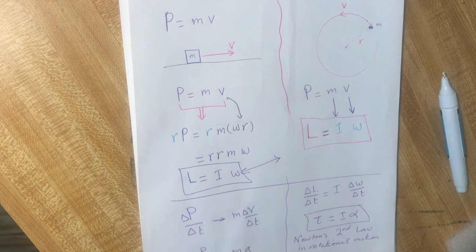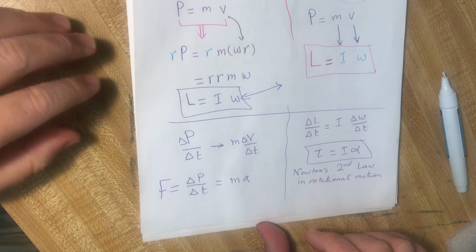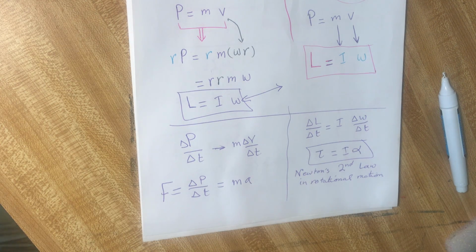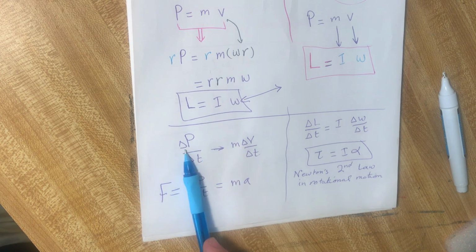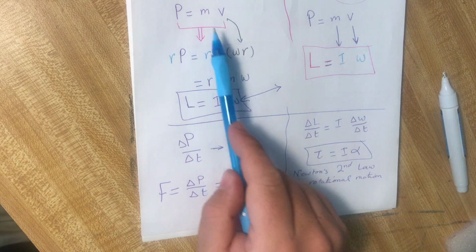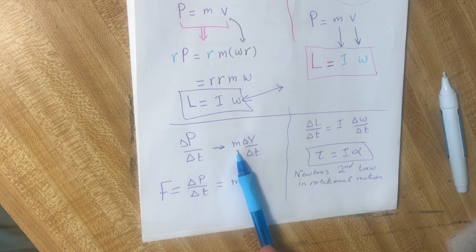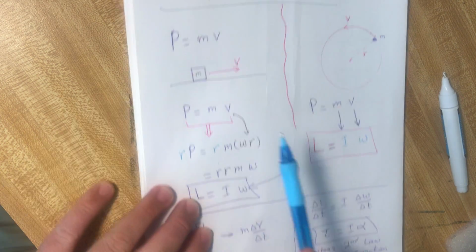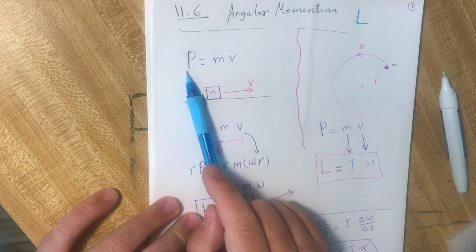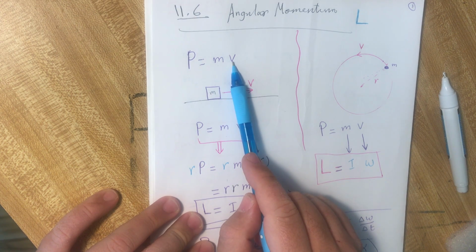Okay, now how can we find the force in linear motion? It is the change in momentum over the change of time. We know that the momentum is mv, so the change in momentum will be m delta v, because the mass is constant and the change is just in the velocity.